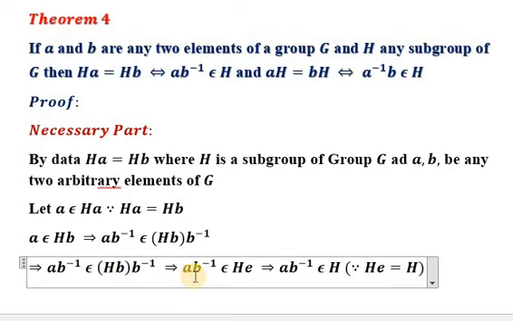This implies ab inverse belongs to Ha. See, by using associative law, b and b inverse, if we combine together, it is nothing but an identity element. So, ab inverse belongs to He. That is nothing but ab inverse belongs to H, because He is H.